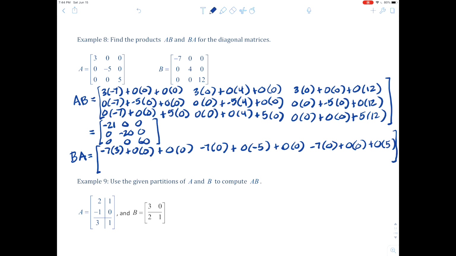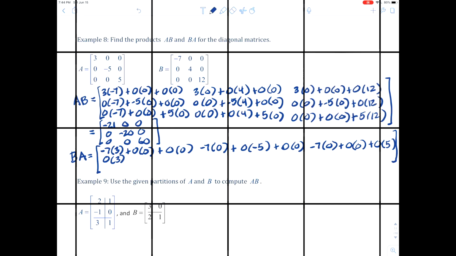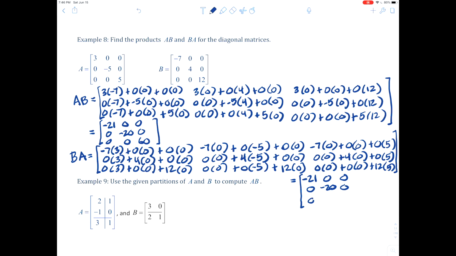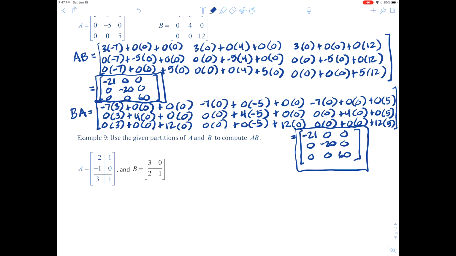All right, and then our second row. Okay, look at that. What are we going to get? Cool. It's weird, right? We're going to get negative 21, 0, 0, 0, negative 20, 0, and then 0, 0, 60. So what do we notice here? Awesome.